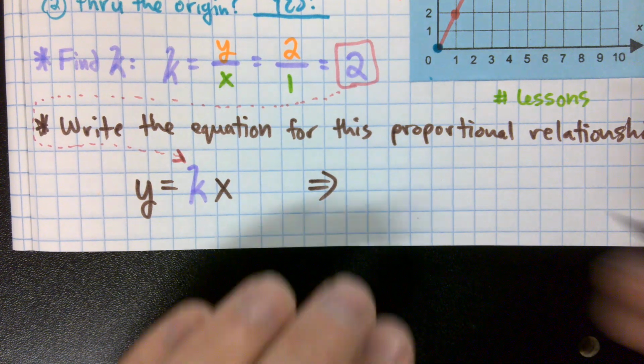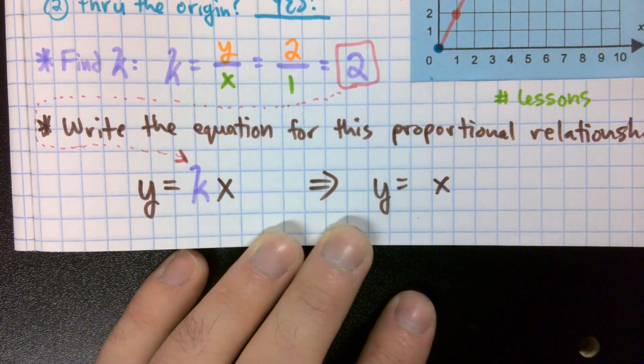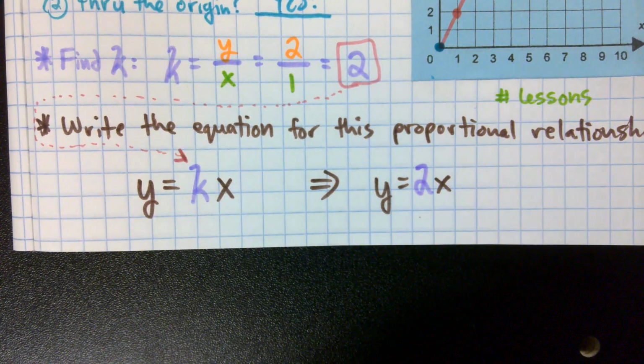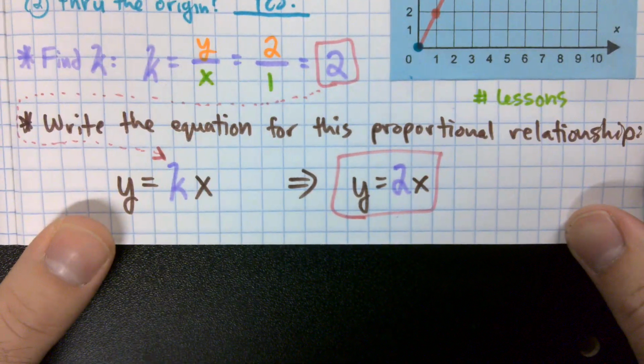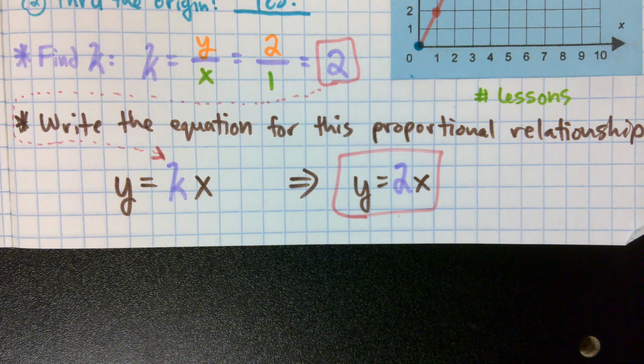So the equation we can write, y is equal to, what did you say again, Ida? 2x. Boom. That is our equation. All we did was replace k with the value of k that we found. Y is equal to 2x.